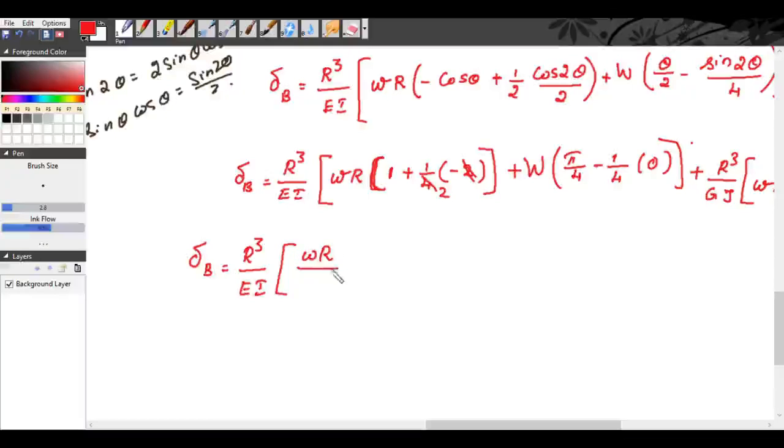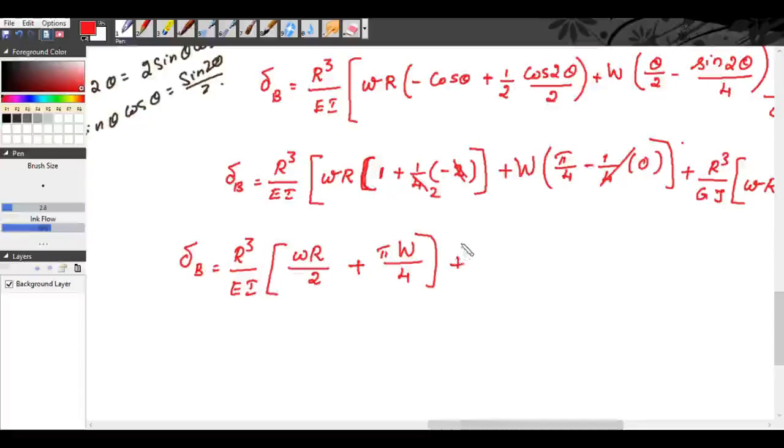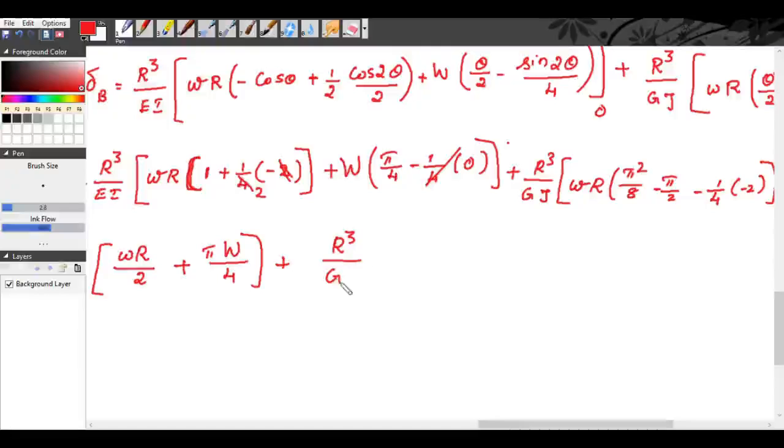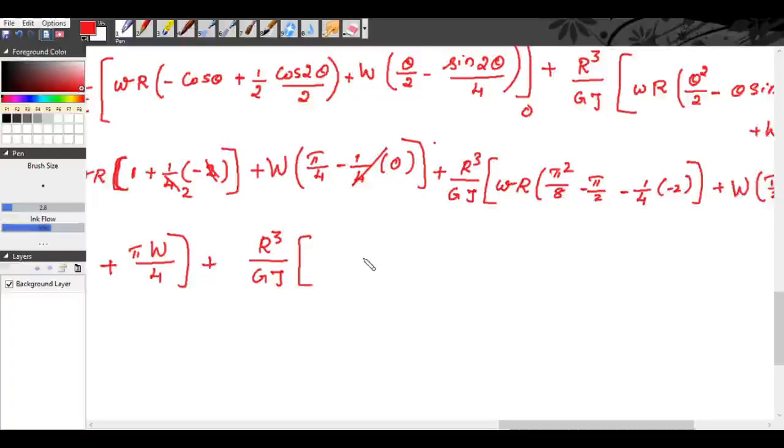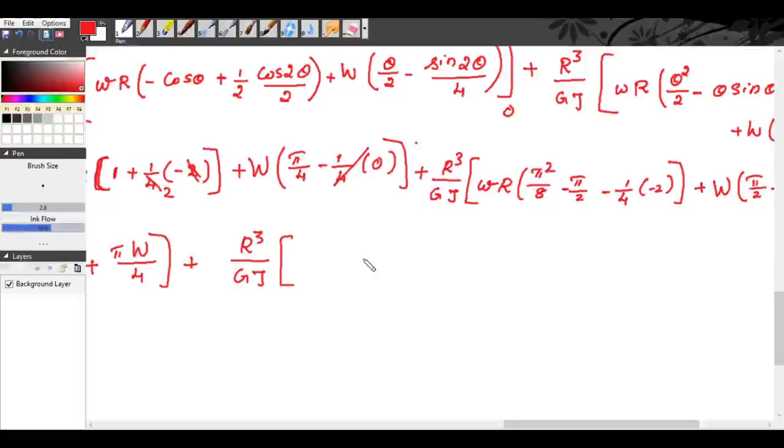We get WR by 2 plus, this is 0, pi W by 4, plus R cube by GJ into WR into pi square by 8 minus pi by 2 plus 1 by 2 plus W into 3 pi by 4 minus 2.